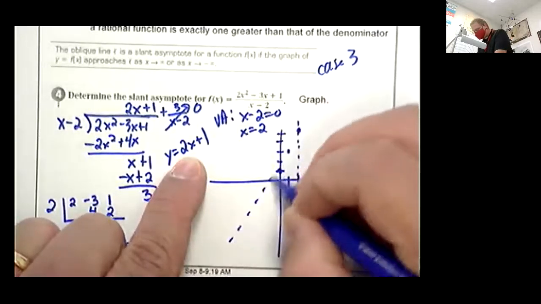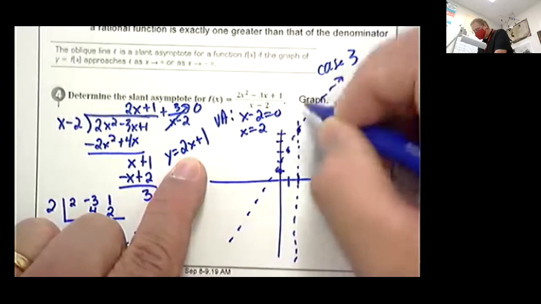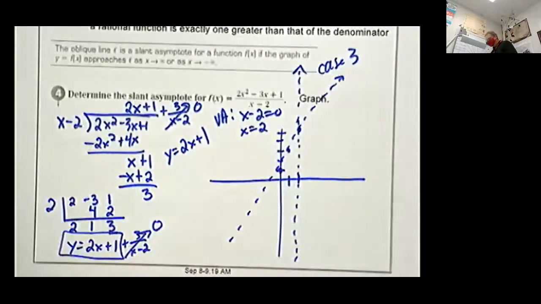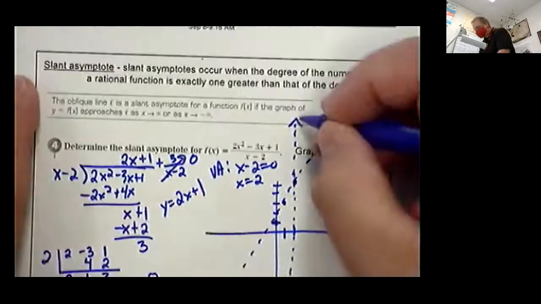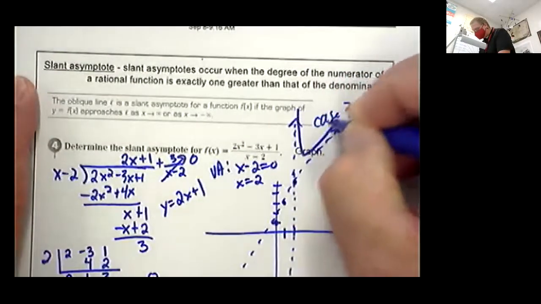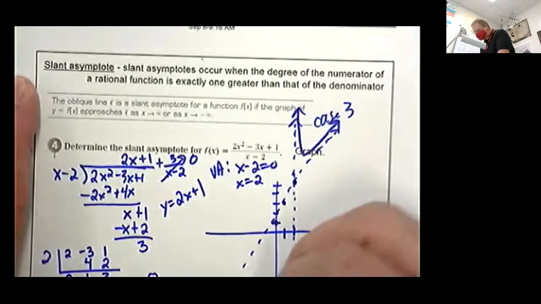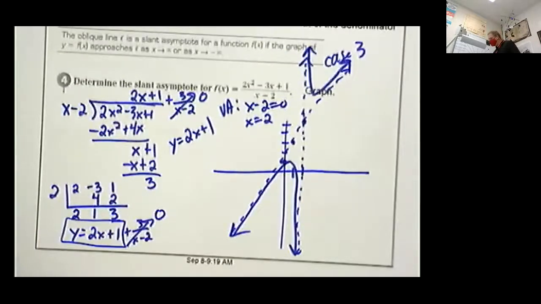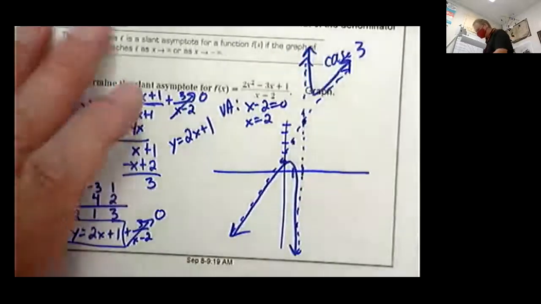So there's our slant asymptote. And it's positive, so we're still going to be up in this quadrant, but this is going to approach the slant, and then this one's going to come up and then drop back down. And again, you can always check that on your calculator. There's using a slant asymptote.